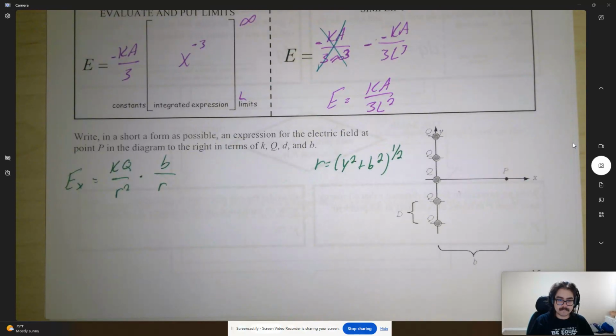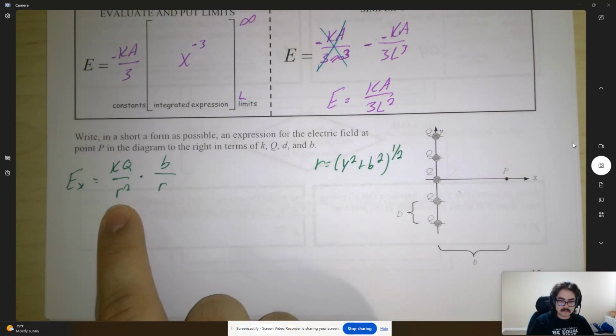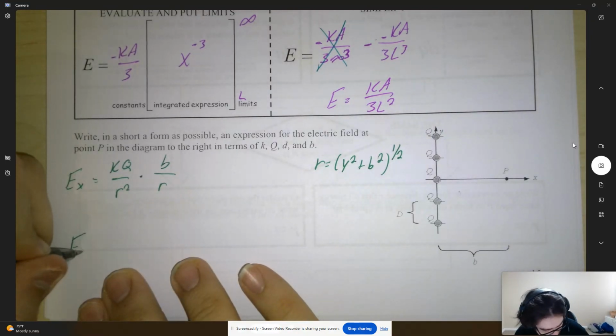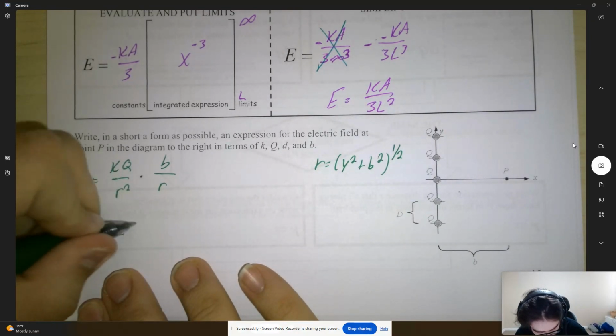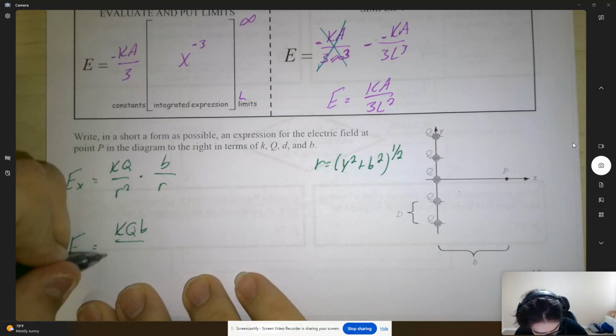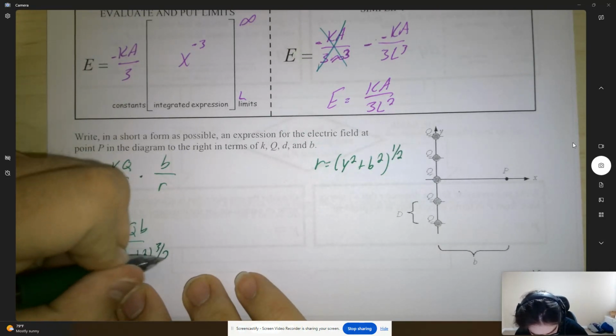When you multiply this together, this becomes r cubed, which is going to give us E sub x equal to k q b over r cubed, which is just y squared plus b squared to the 3/2 power.